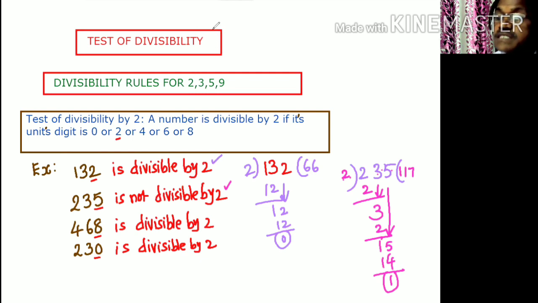Next, test of divisibility by 3. How can we say whether the given number is divisible by 3 or not without actual division? With the sum of the digits.